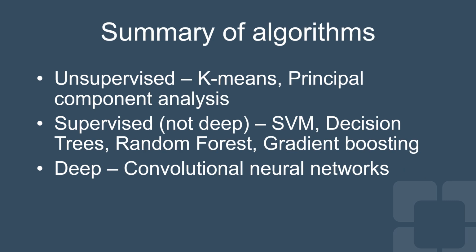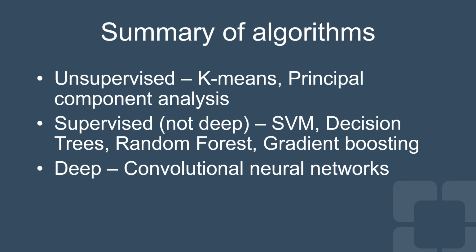Now that we have taken a look at some of the ways to classify machine learning, let's see what are some of the common algorithms used for each type of machine learning. This is just to familiarize you with the vocabulary and the terms. So in unsupervised machine learning, you will see algorithms like k-means or principal component analysis, or PCA.